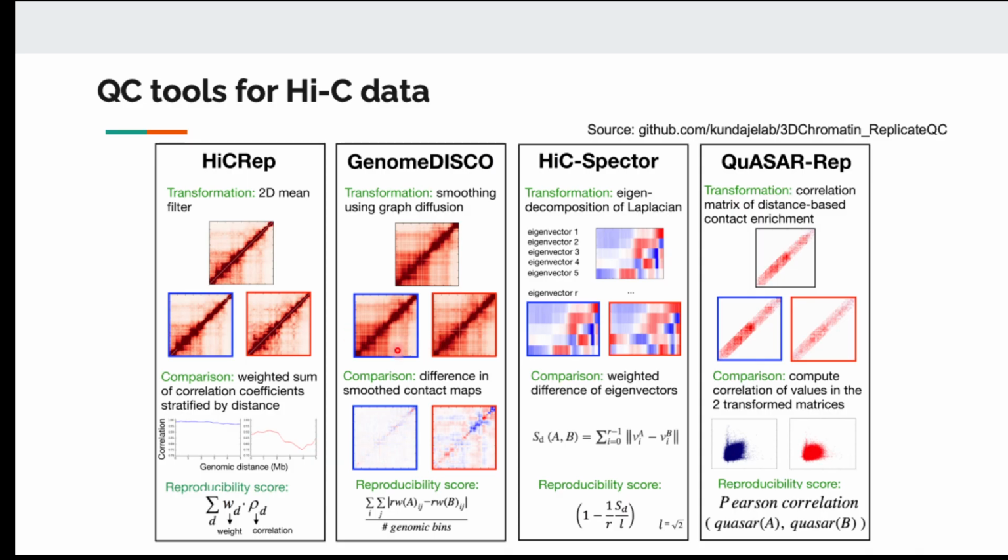The tool will give you back how reproducible the colors or other maps are between the two halves of your data. These tools just utilize different techniques to calculate that, but the principle is the same: you divide the data and you look at the reproducibility. So this is the QC part of chromatin conformation capture data.